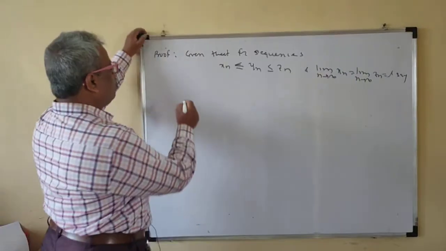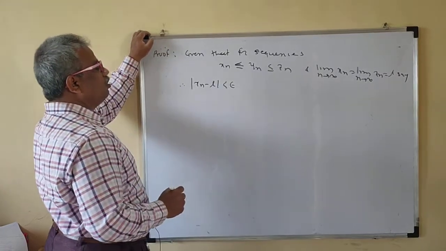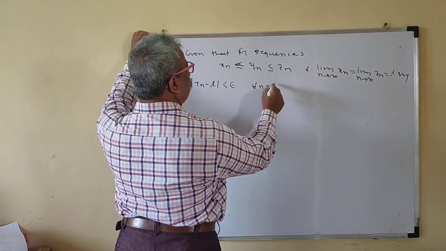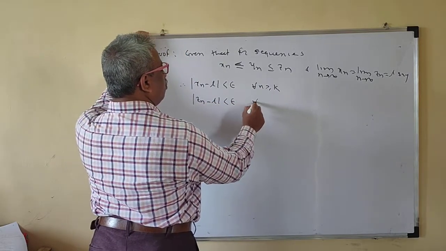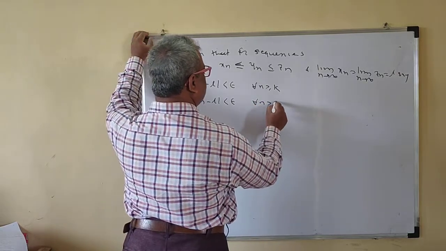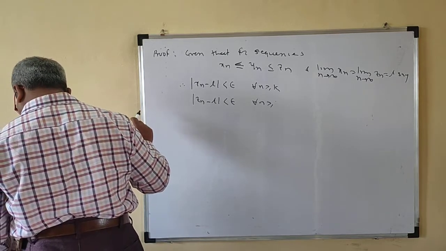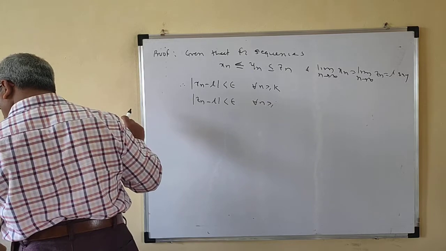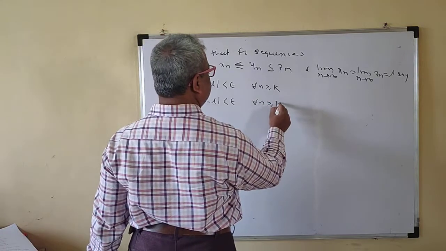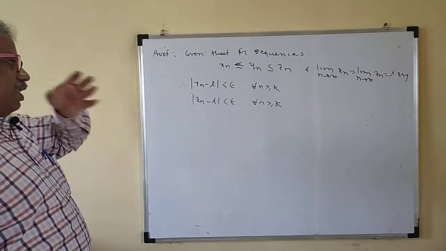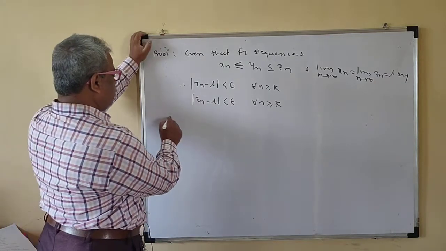Therefore, mod of xn minus l is less than epsilon for all n greater than or equal to k, and mod of zn minus l is less than epsilon for all n greater than or equal to k. You may take this k as the same here. So what does this imply?